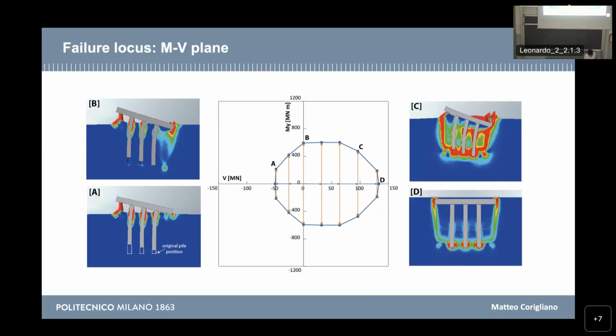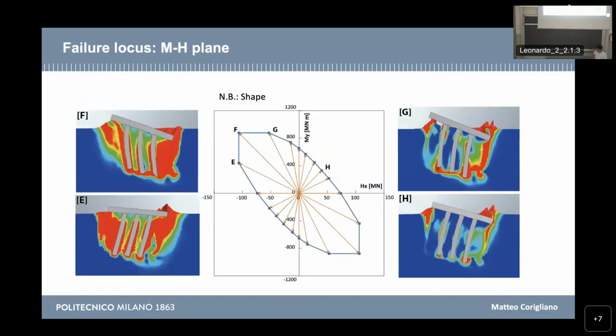And I also observed the mechanism happening for each direction of load, and this is something we will recommend in the next slides. And this is another section of the failure locus that has a particular shape, just to have an insight on the results of the numerical analysis.